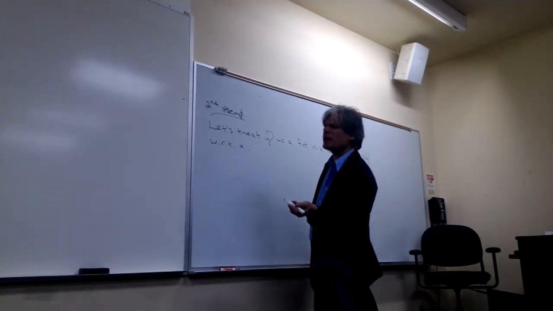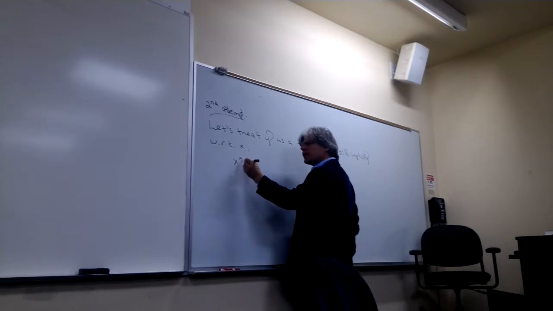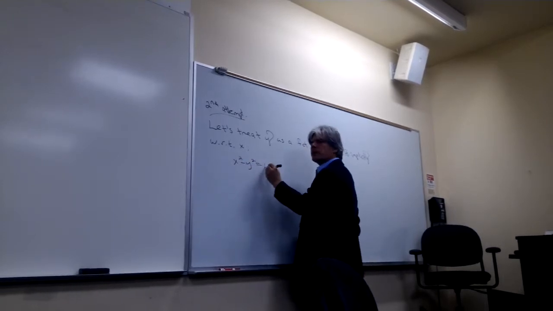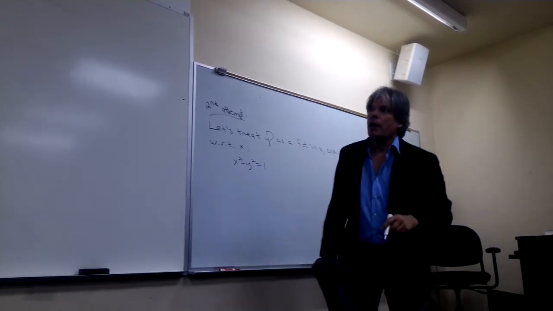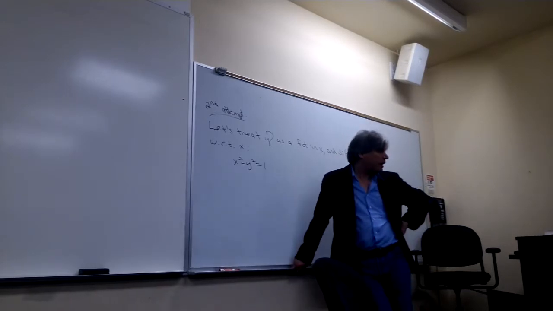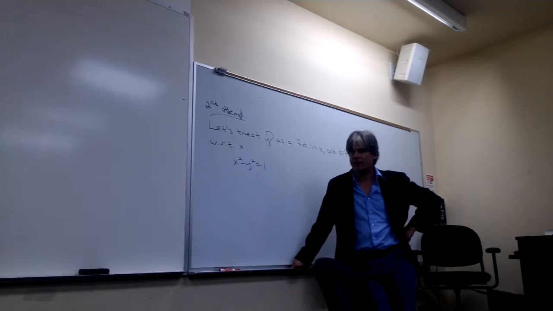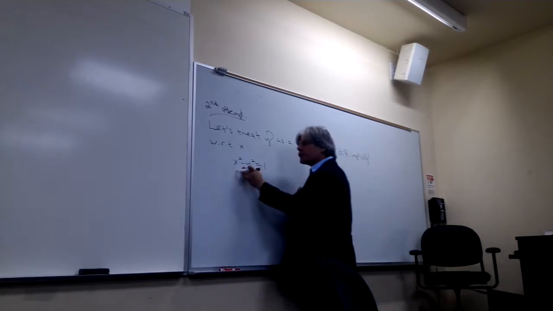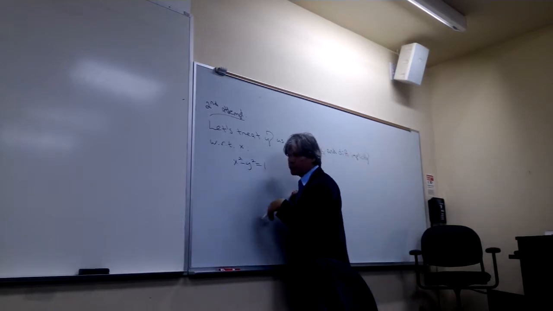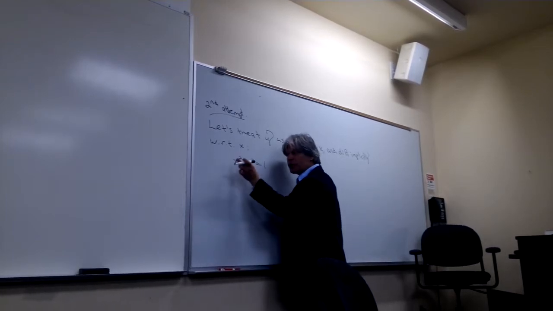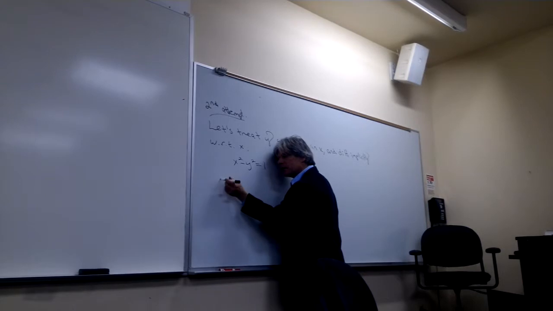What was it? I made it up out of thin air. x squared minus y squared equals 1. Is that correct? Treating y as some function of x, let's dive in and differentiate both sides with respect to x. To differentiate the difference of two functions, I get the difference of the two derivatives. But to differentiate x squared with respect to x, what do I get?